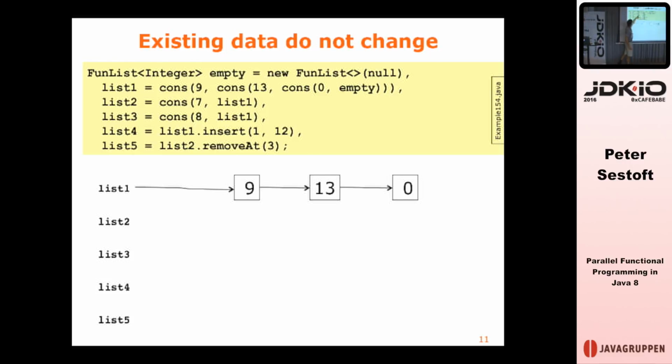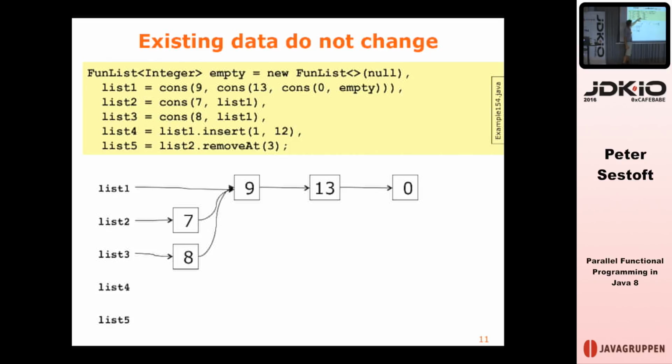If we now put 7 in front of this list, list 2 is 7 in front of list 1. It will not mutate this one, but simply create a new node 7 that links to the old list 1, and that's our list. If we want to put 8 in front of the same list, we just create a fresh node that points to the same thing and refer to that.